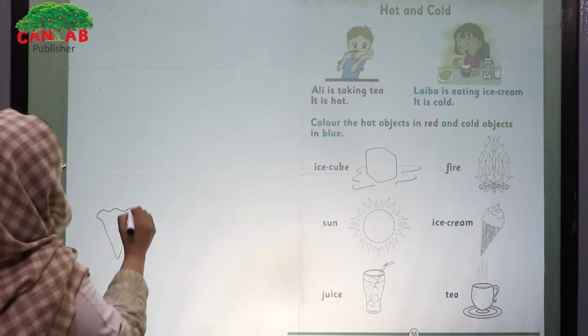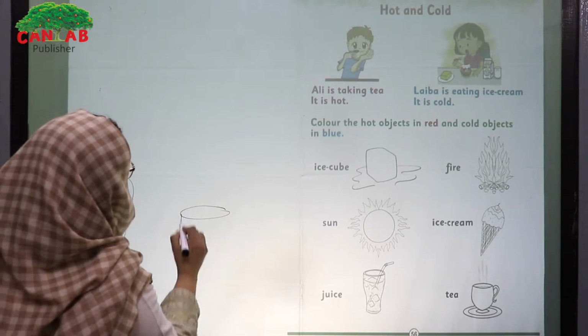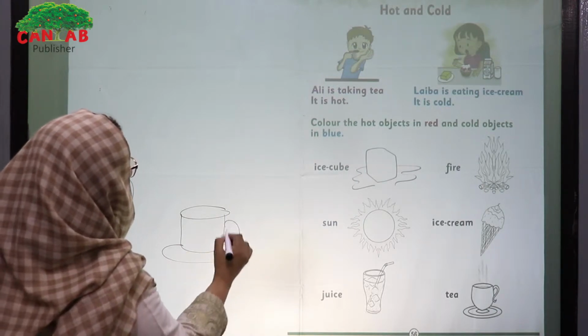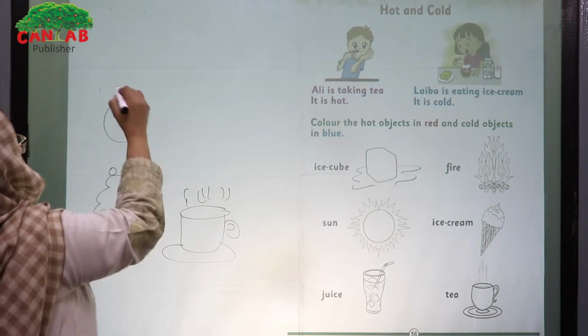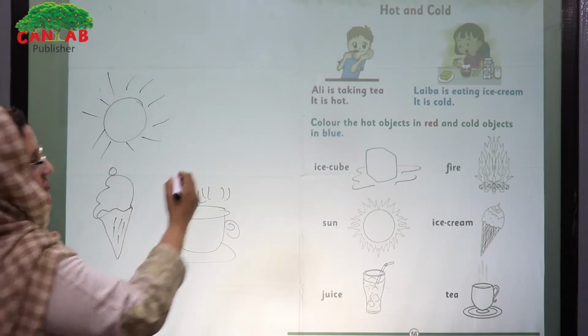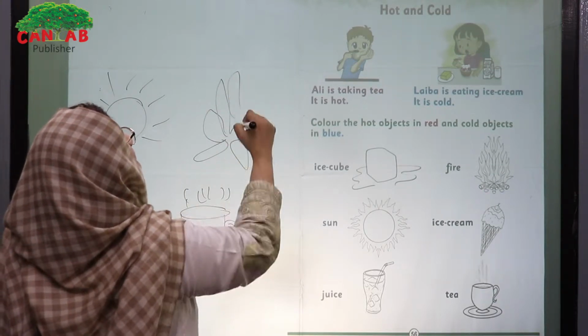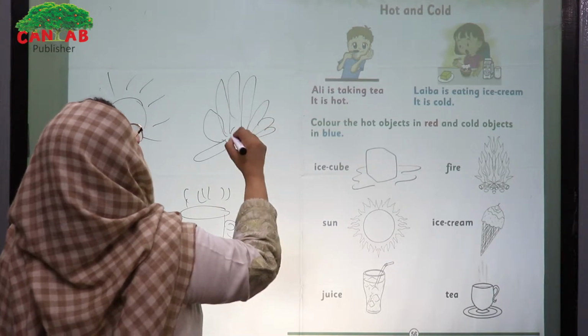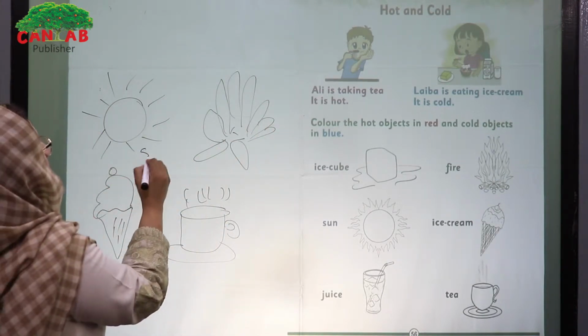I'm going to draw a cone, ice cream, then a cup of tea, then I can draw sun, I can try to draw a picture of fire, and with these pictures, I can write down the name also.